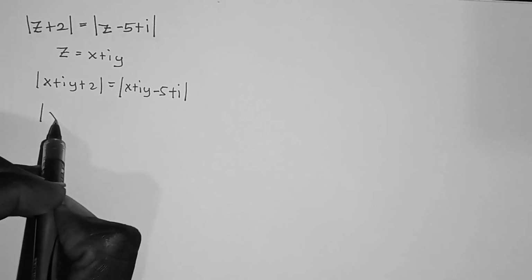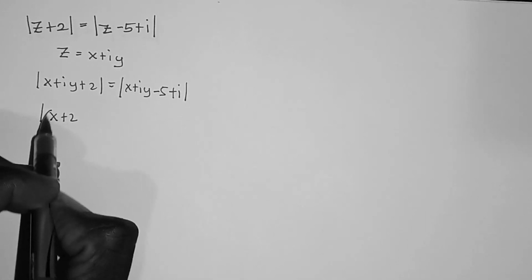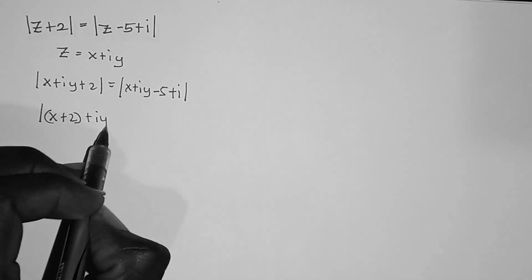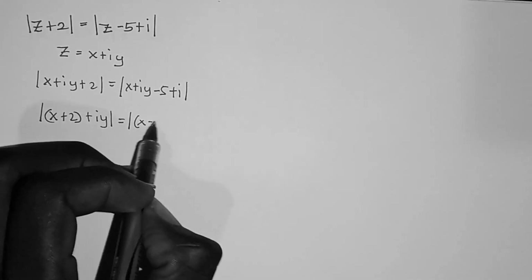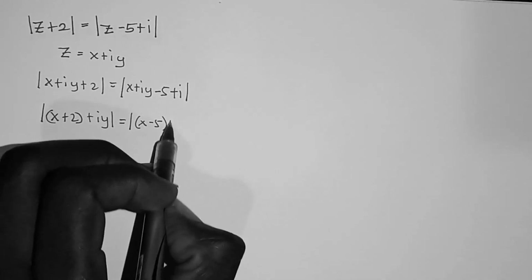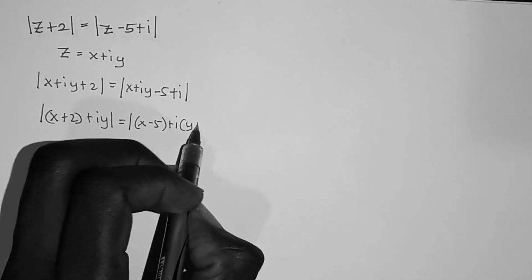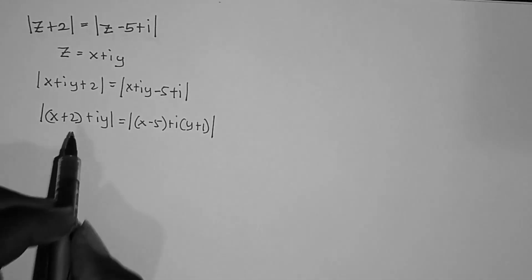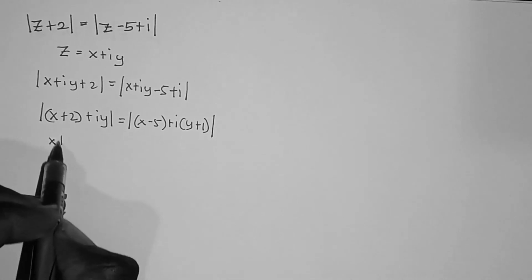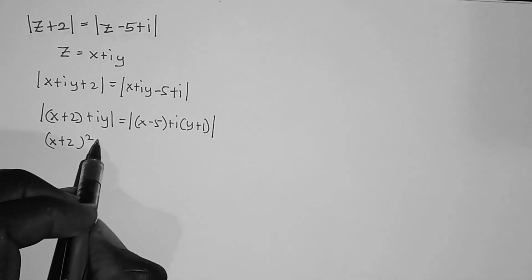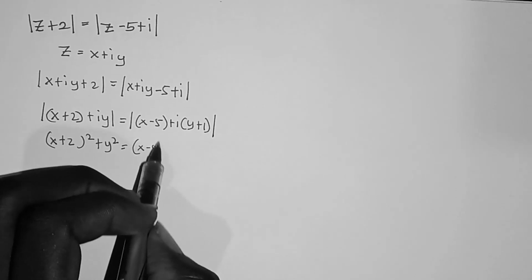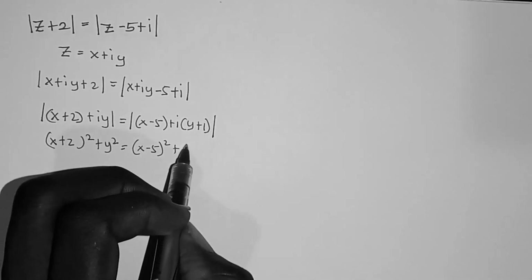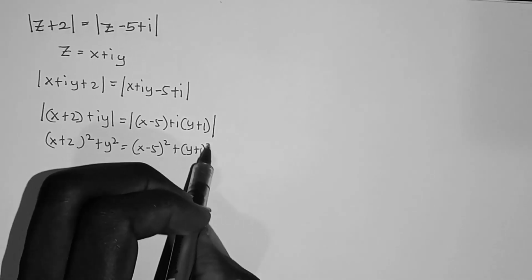So this becomes modulus of (x plus 2) plus iy equals modulus of (x minus 5) plus i(y plus 1). So let's square it. So (x plus 2) squared plus y squared is equal to (x minus 5) squared plus (y plus 1) squared.